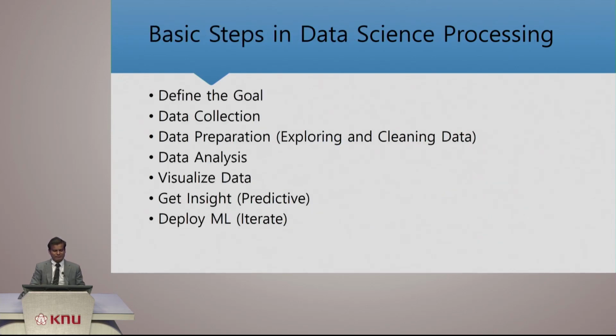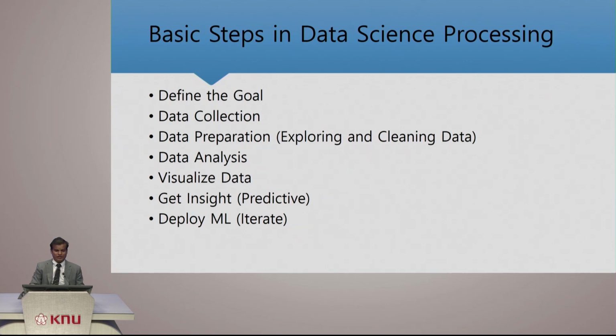So some basic steps in data science processing, as we have just seen. Initially you have to define the goal. In most cases that's the important part. It's just like coming up with the right question, and then you have to go for collecting the right data that would possibly answer your question or reach your goal.